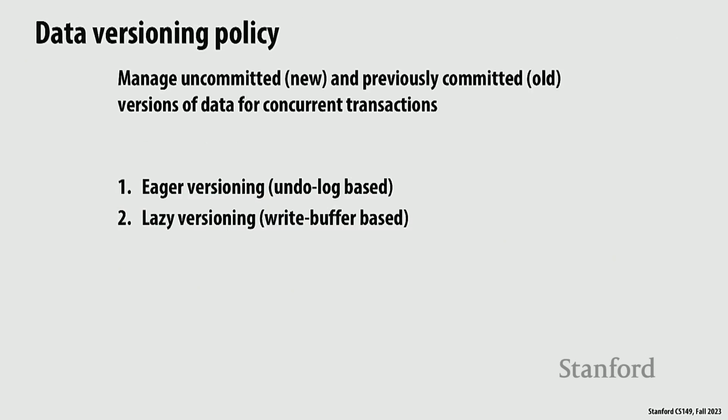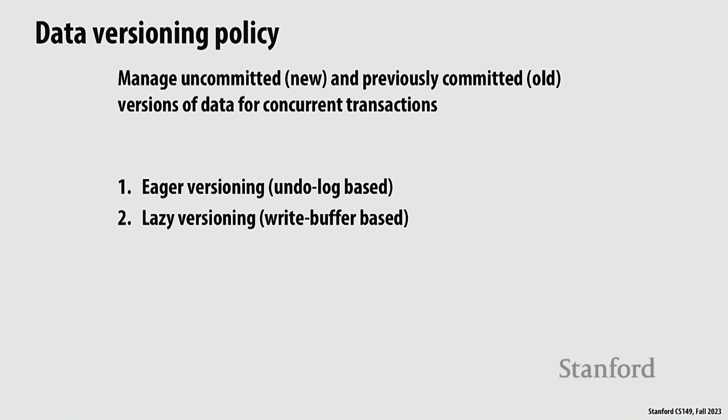So this is how we manage the state that hasn't been committed yet by the transaction and the state that has already been committed by previously completed transactions, right? There are two ways of managing data.